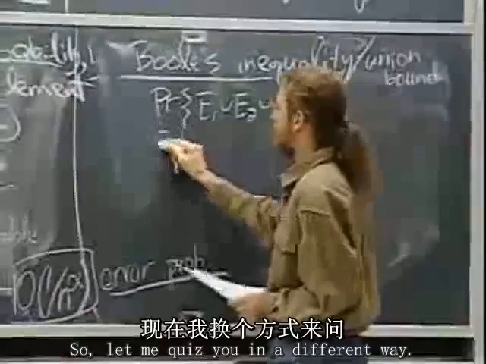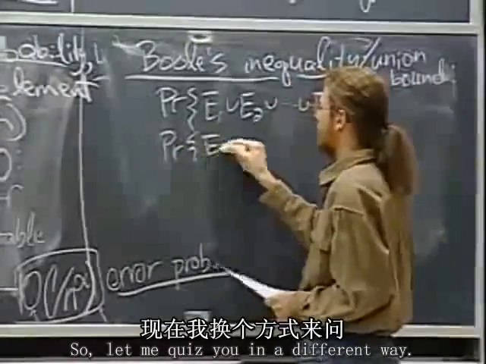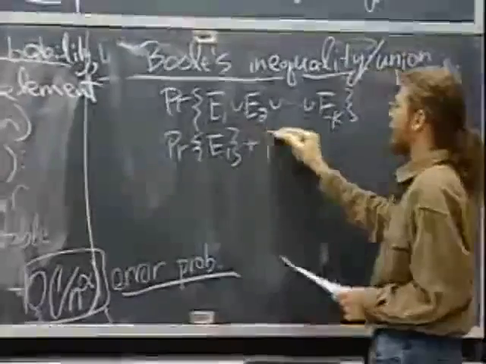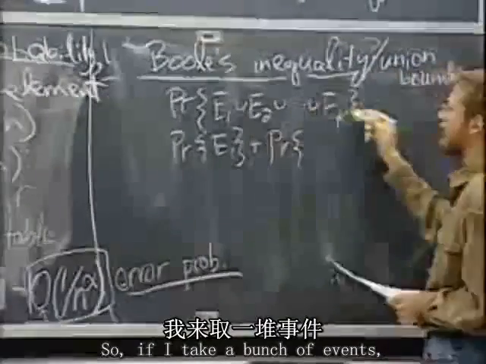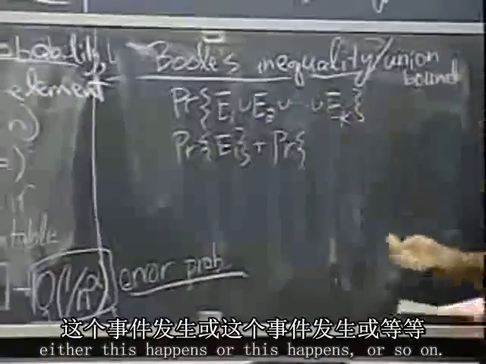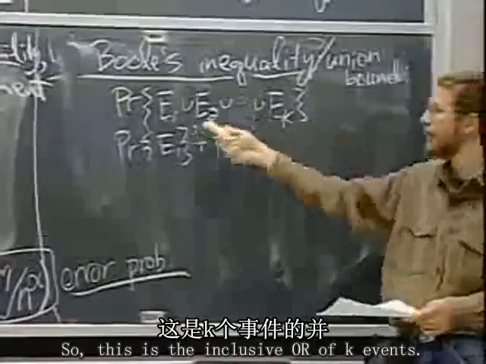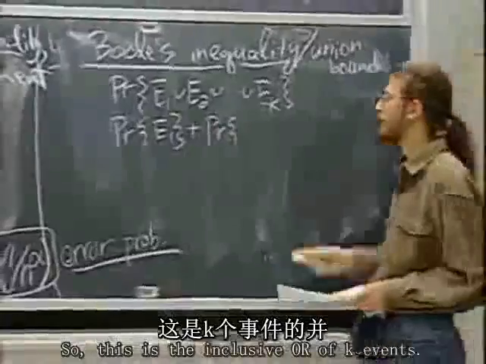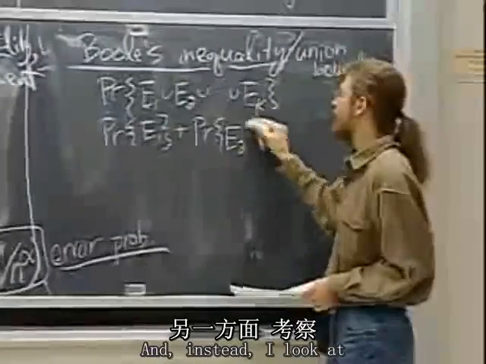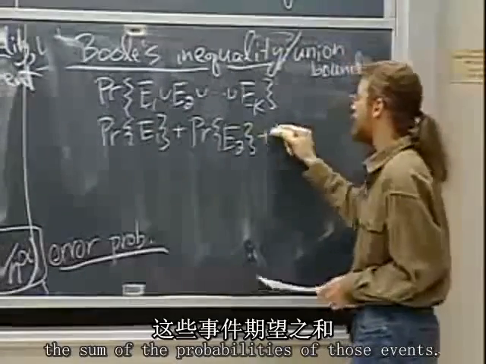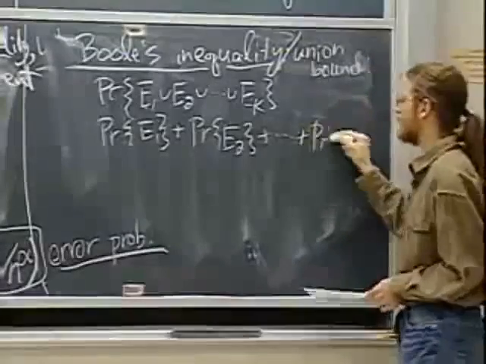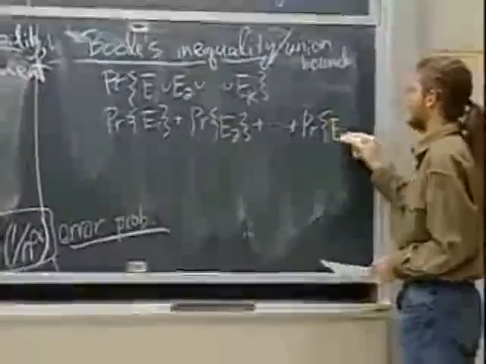So, let me quiz you in a different way. If I take a bunch of events and I take their union, this is the inclusive or of k events: this happens or that happens, and so on. And instead I look at the sum of the probabilities of those events. Okay, easy question.